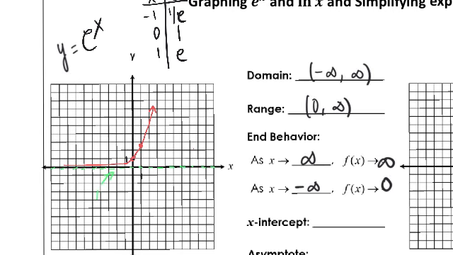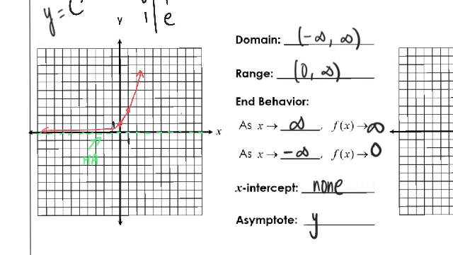The horizontal asymptote here is at 0, and in this particular graph, we go to that as x goes to negative infinity. The x-intercept here we have none, and the asymptote again is just y equals 0. Make sure you say y equals 0 and not just 0, right? Because this is the equation of a line.